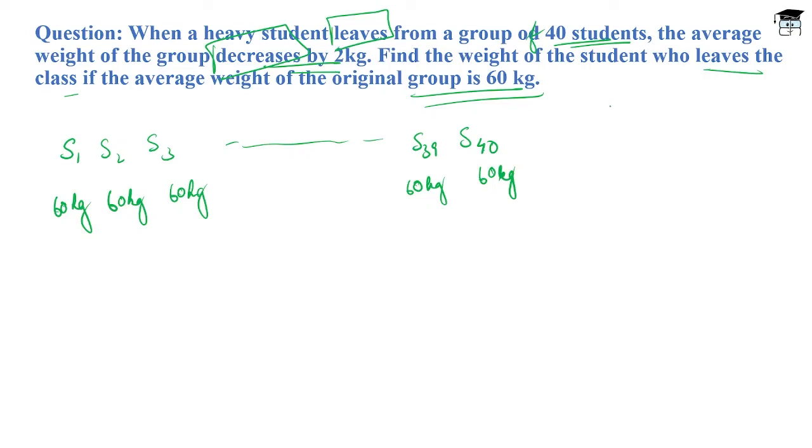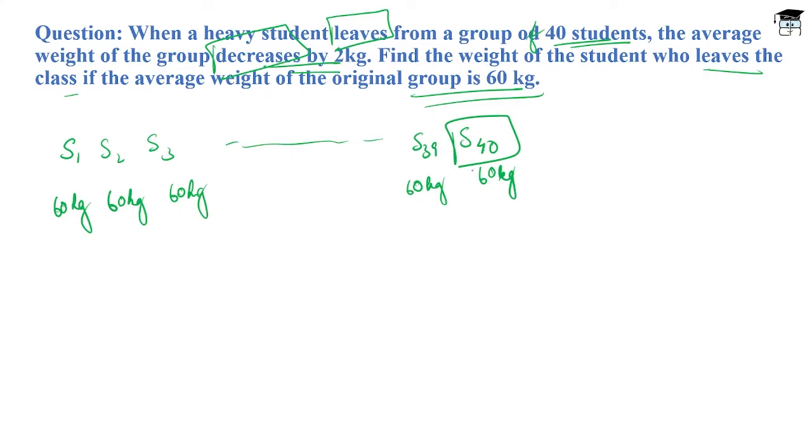The same concept: if the weight of S40 is 60, then if he leaves, the average would remain 60 only, the same. But the weight of the student S40 is not 60. If it was 60, the average would have remained the same.